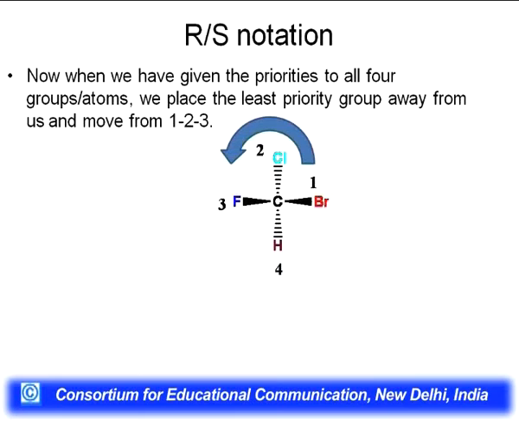Priority numbers are set. Then what I have to see is that these 3 groups should be upfront towards me. You can see in my hand, the colors may be different.